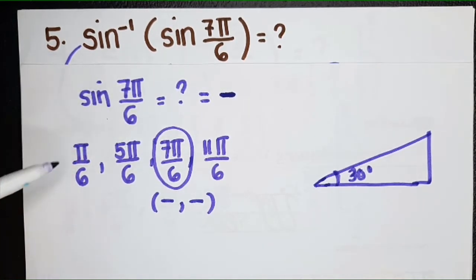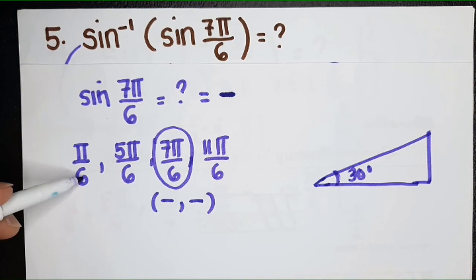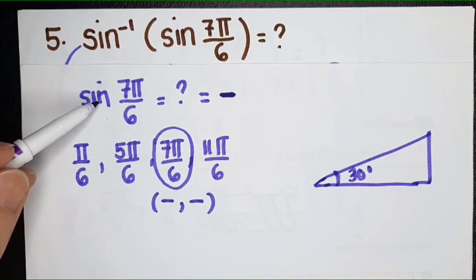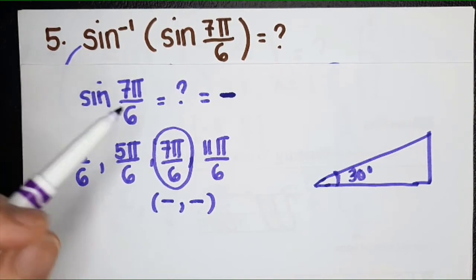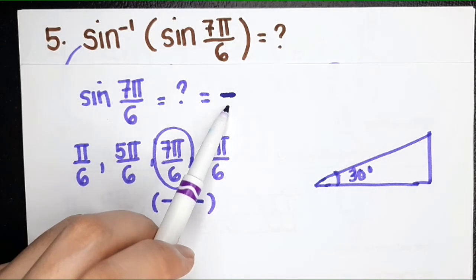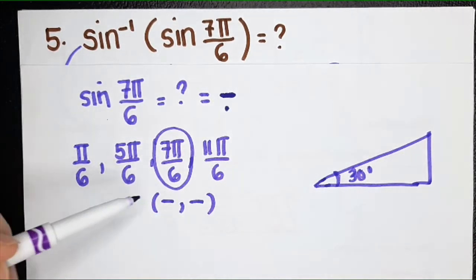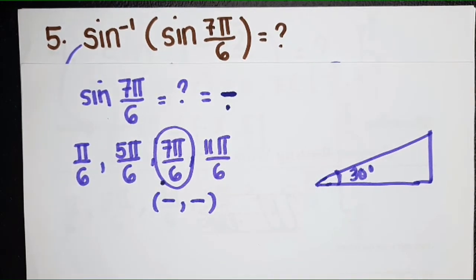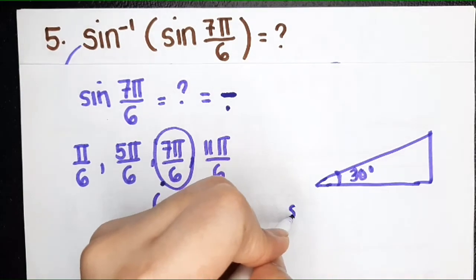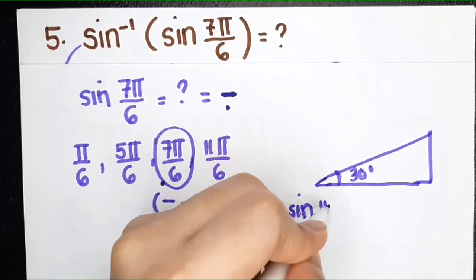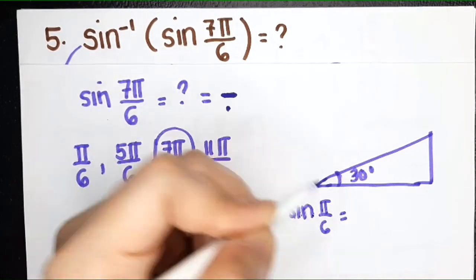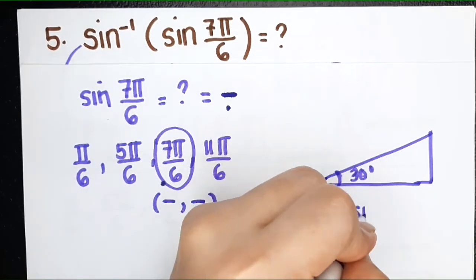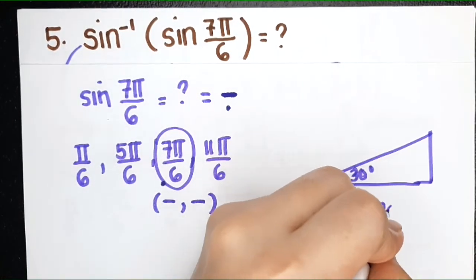Kung anong value ni sine pi over 6, yun din naman ang numerical value ni 7 pi over 6. Magbabago lang ng sign. Okay? So, negative naman na yan kasi alam natin nasa third quadrant. So, ano ba ang sine ng pi over 6? So, ang sine ng pi over 6 ay kapareho lang ng sine of 30 degrees.